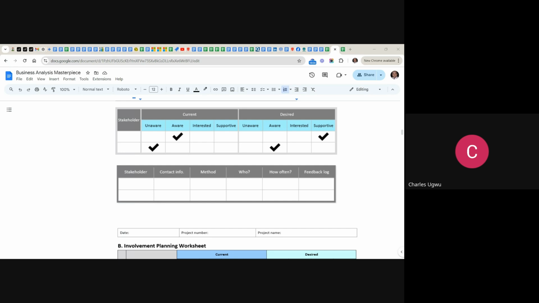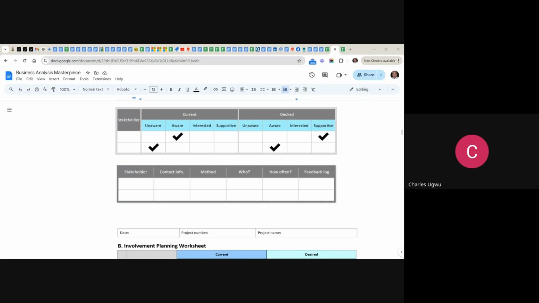You might forget some activities, and if they are not automated as reminders, you might start having issues. So it's very, very important to have a feedback log.